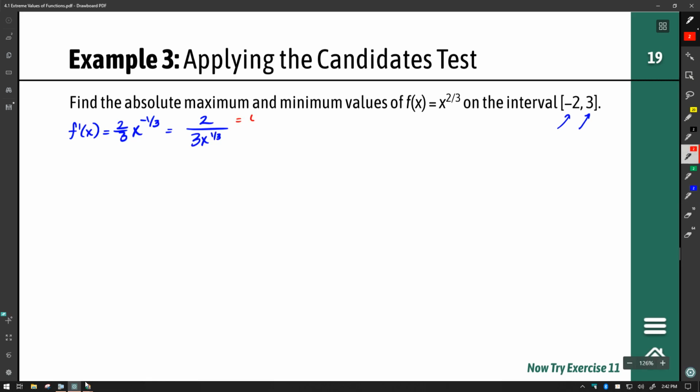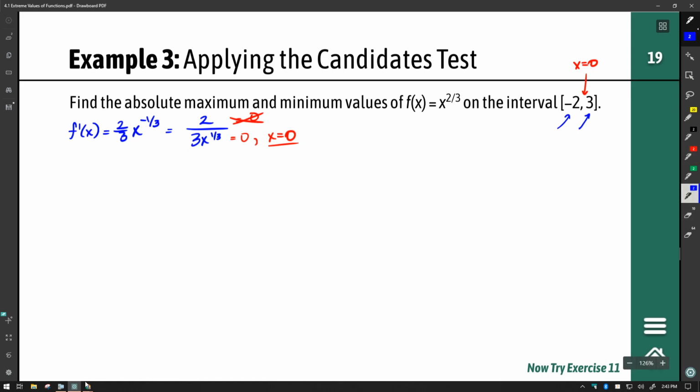Well, 2 = 0 doesn't make sense, so f prime is not 0, apparently. If this derivative was not defined, then we have 3x to the 1/3 equal to 0, because we would have 2 divided by 0. That would be undefined. And this actually does happen. It occurs where x is equal to 0. Is x equals 0 inside of our interval? Yes, it is. So now we have 3 candidates that we're going to test for absolute minimums and absolute maximums.